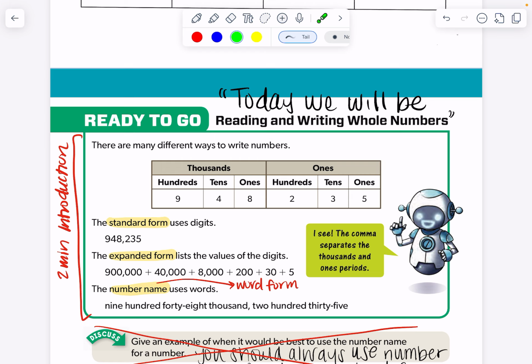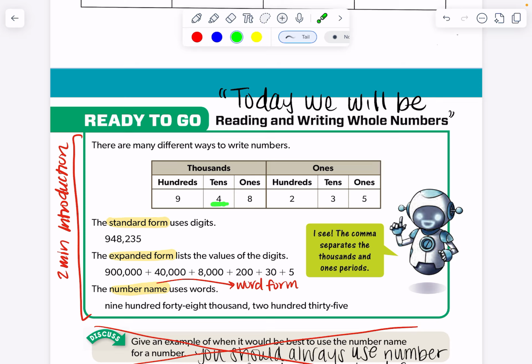So, for instance, in this number above, because the 9 is in the hundred thousands place, the value of that 9 is 900,000, right? I'll do another example. Same question.